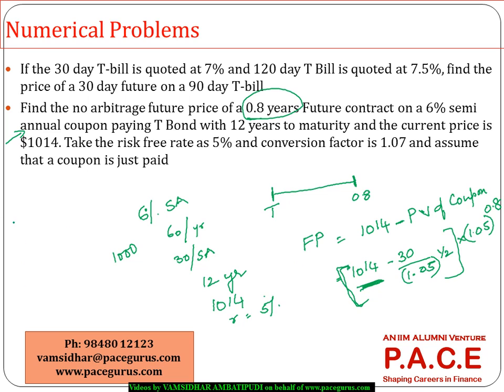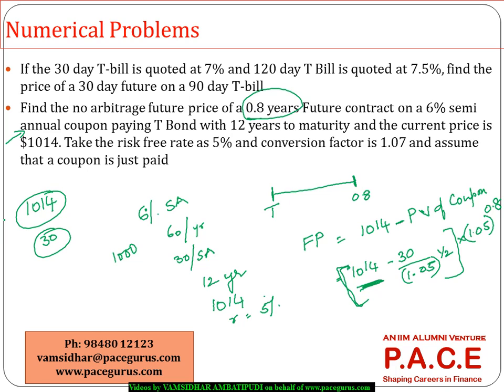So any bond that is available where the current price is 1014 and which is paying a coupon of 30 every 6 months, that kind of bond can be delivered by the seller. So how can he differentiate which bond is worth delivering from this perspective?